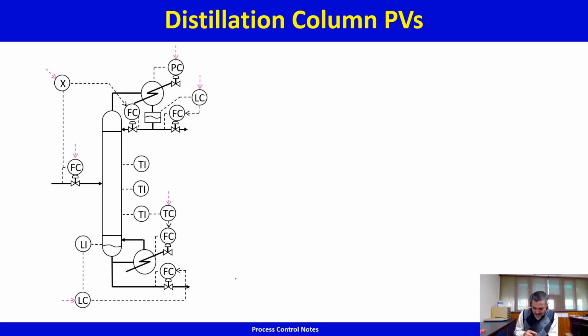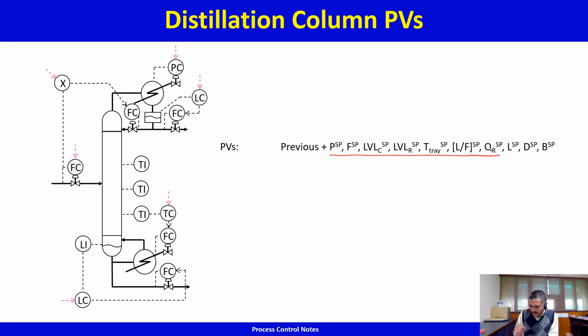Okay, so in this situation, given this control system, what are my process variables? Everything before plus all the set points due to the controllers that I must specify. And note that the level controller, for example, is specifying or is fixing this.